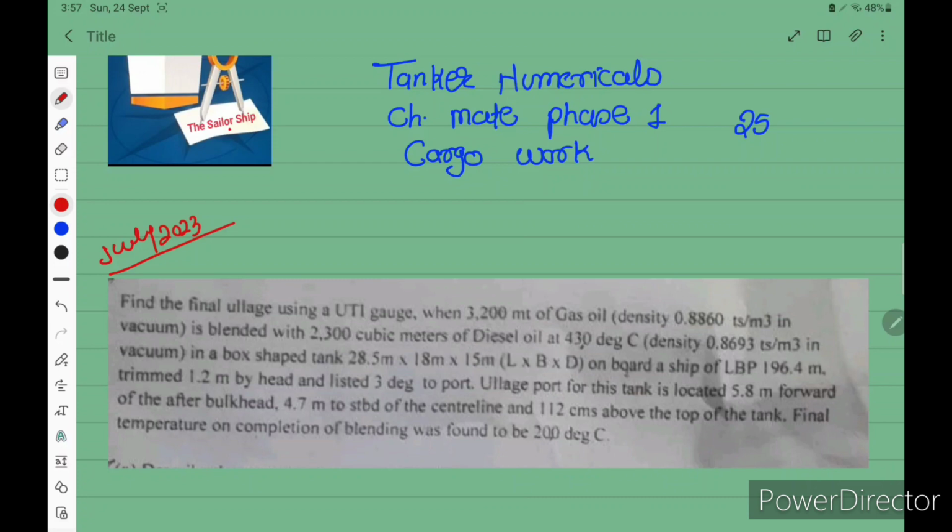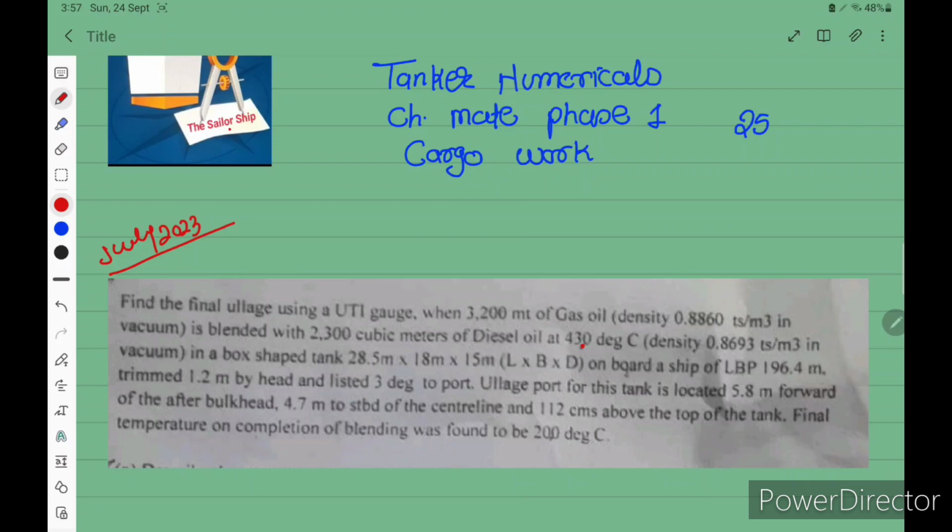So the question in July 23: find the final ullage using UTI gauge when 3200 metric ton of gas oil, density 0.8860 per meter cube in vacuum, is blended with 2300 meter cubic of diesel oil at 43.0 degrees, density 0.8693 per meter cube in vacuum, in a box shaped tank 28.5 meters by 18 meters by 15 meters, on board a ship of length between perpendicular 196.4 meters.